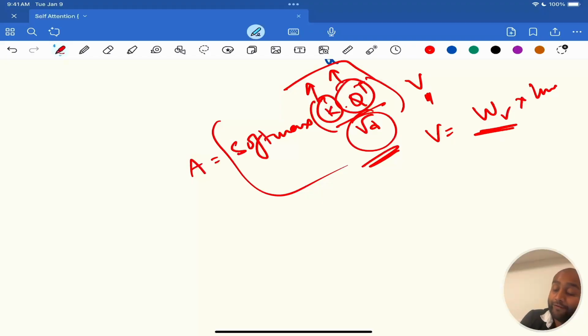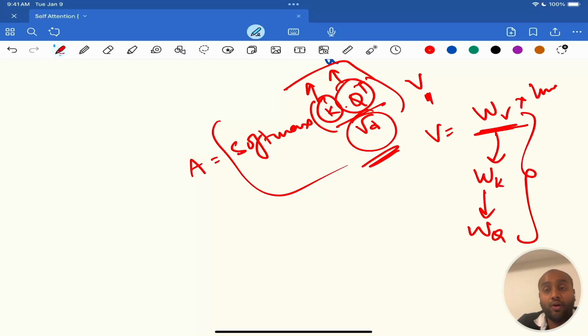Now be careful. WV, WK, and WQ are all different matrices. They are all initialized randomly, they contain different values, and they serve different purposes.